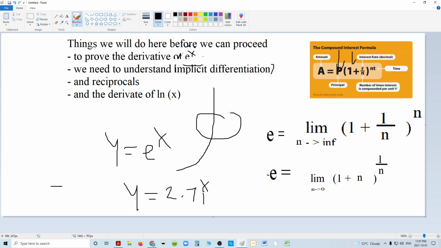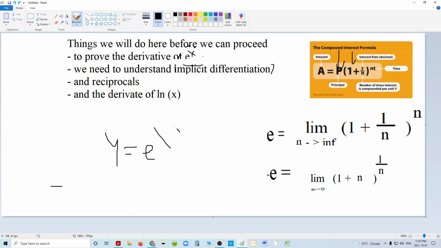But what's interesting about this growth curve is whatever value I'm at on the y, so if I'm up here at 5 when x is 5, then y is e to the 5. But if I take the derivative using my instant rate of change formula, I'm going to discover the derivative is also e to the 5. So the derivative matches the y values. And that's why it's a fascinating graph.